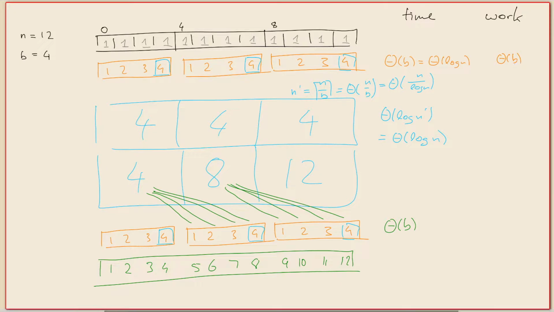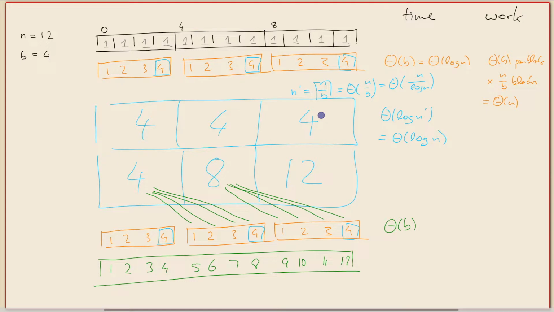In terms of the work, sorry, that's per block. And we have n over b blocks. So that's linear work overall, for the orange part, the local sums.